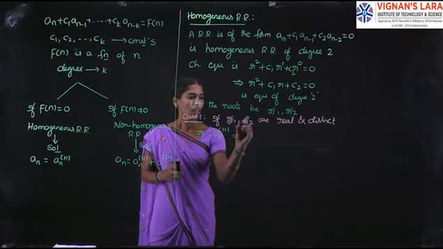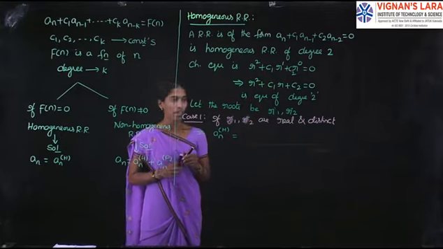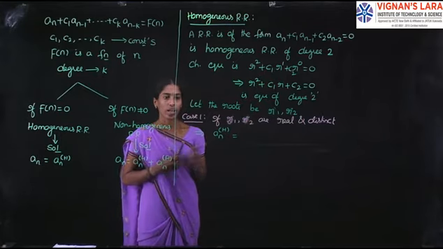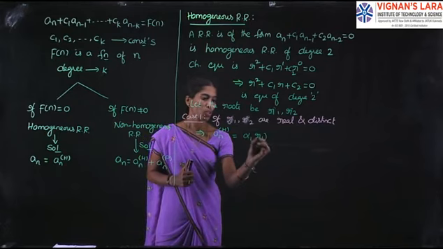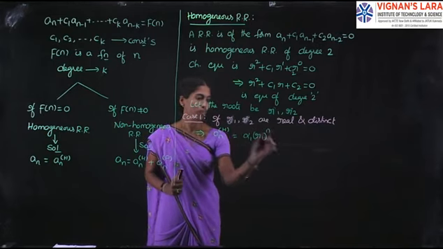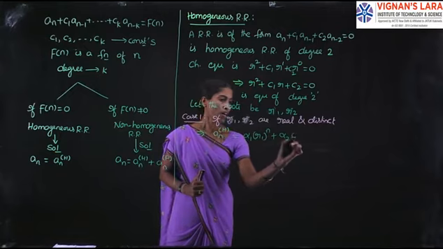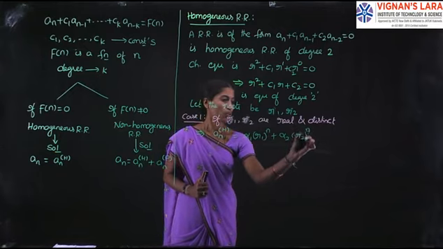If r1 and r2 are real and distinct roots, now a_n(h) is alpha 1 r1 to the power n, first root to the power n, plus alpha 2, second root r2 to the power n.